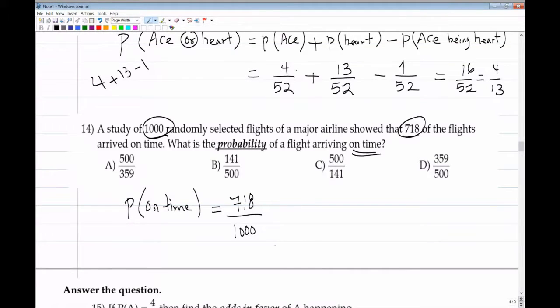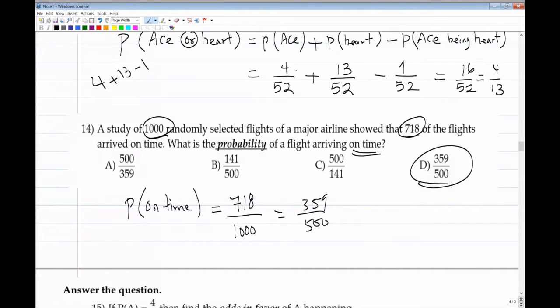And then you will reduce this, or you change it to a decimal. You could divide that by 2. So if you take 718 and divide that by 2, you'll end up with 359 over 500. And that will be the answer right here.